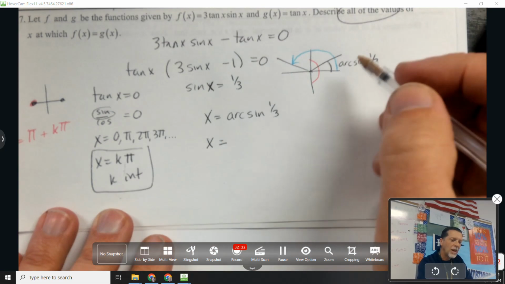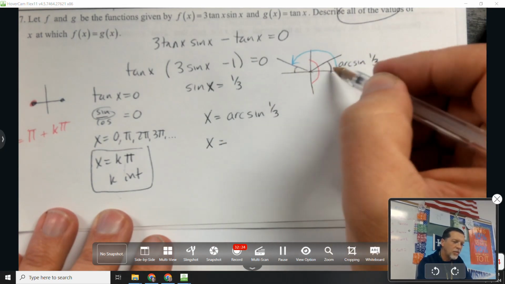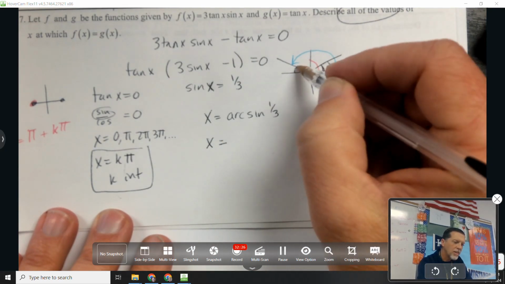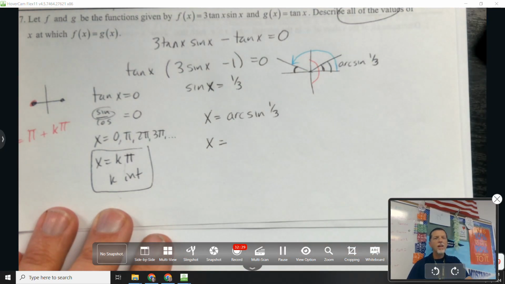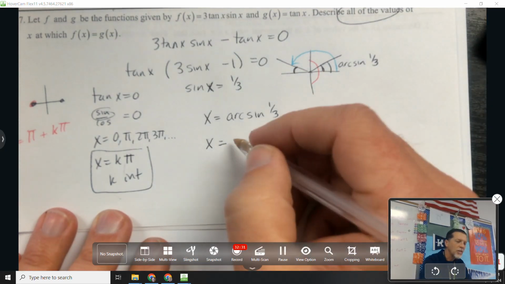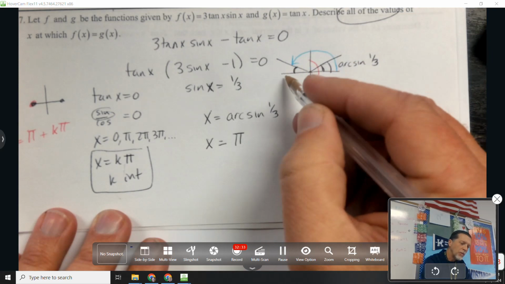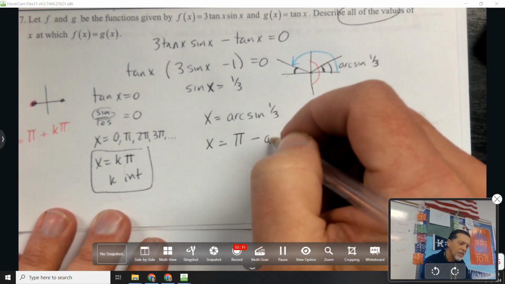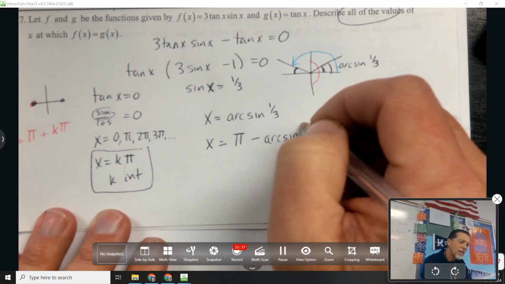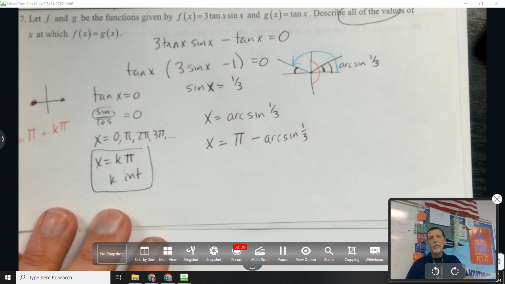Let's see. Because these two things are equal to each other. So pi would be all the way to here, and then if we back up arc sine of 1/3, that would get us the second quadrant answer.